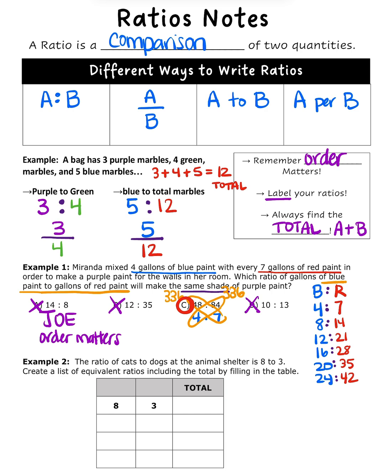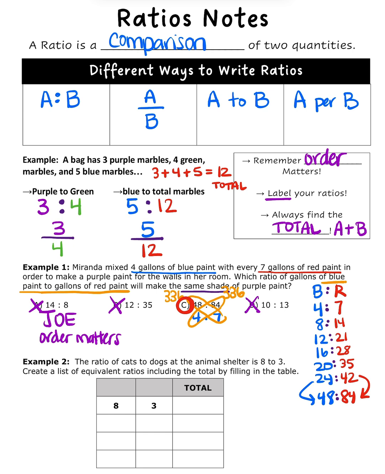Okay, so again, if we wanted to keep skip counting our list, we could go all the way down to 48, and we could go all the way down to 84. And what you should notice is that this relationship here is actually just times 2.